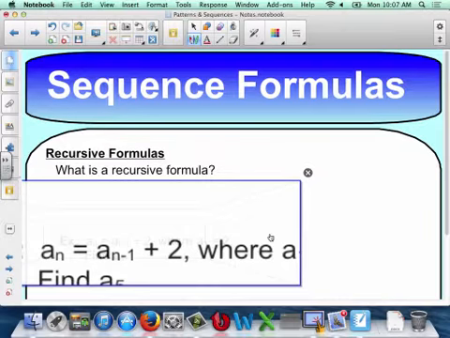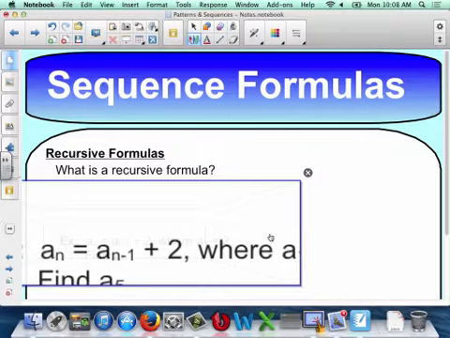Here's my question for you. If I'm looking at the 10th term, how would I write that? How would I represent the 10th term? A sub 10. What's the previous term to A sub 10?